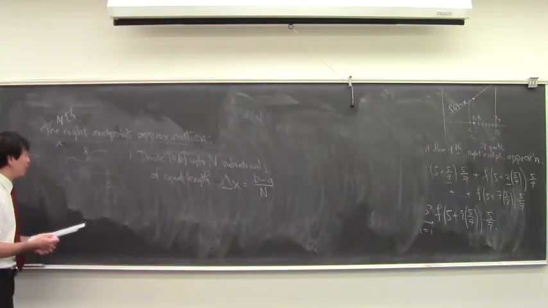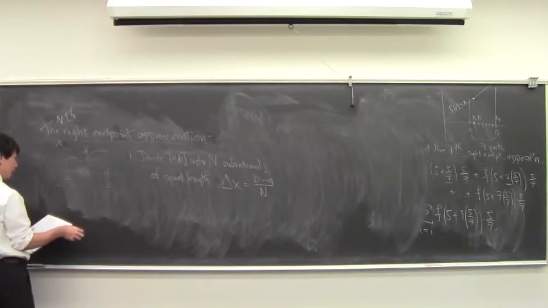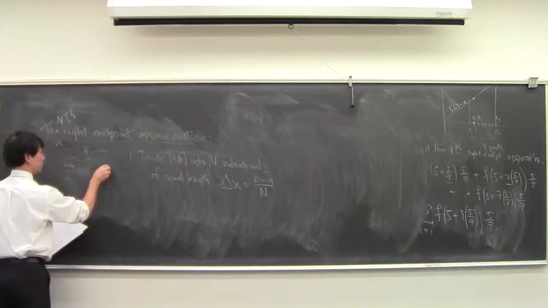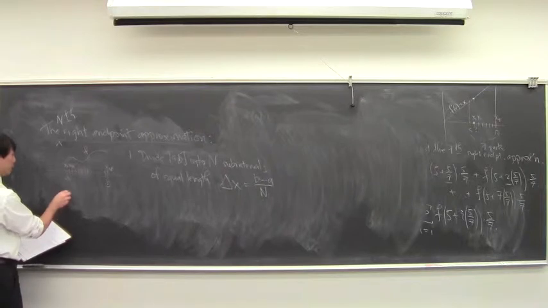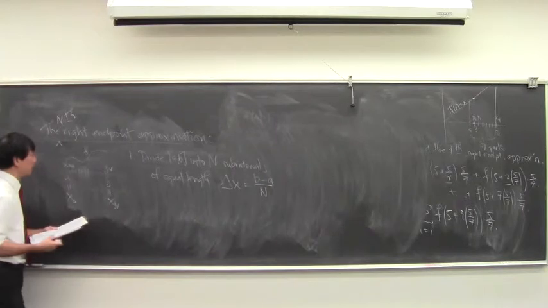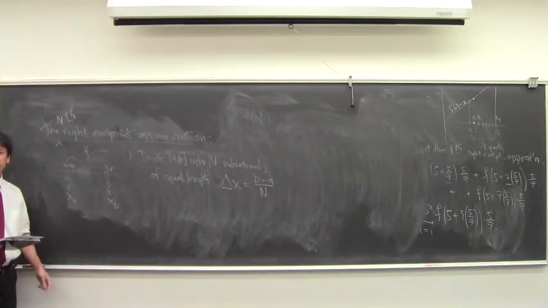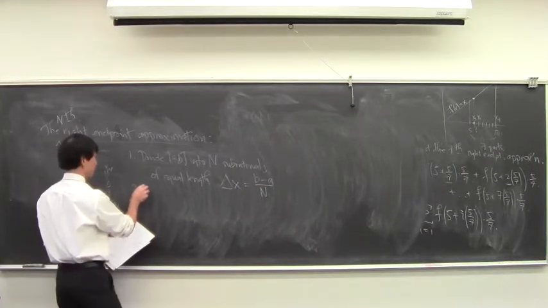Okay. So you divide this thing into n pieces, right? And let's call these points x0, x1, x2, up to xn. So a is x0, b is xn, and then you've got these guys in between, x1, x2, and so on.